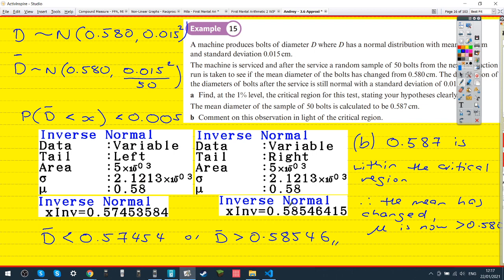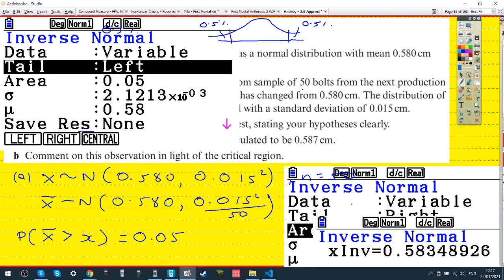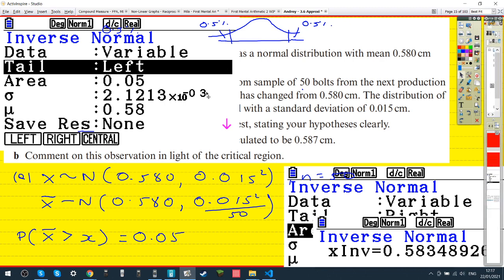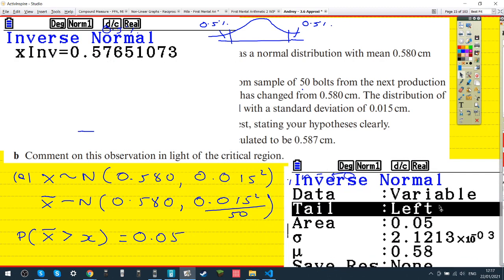If you did zero lower as 0.585 and upper as 999, you would get roughly 0.5%. Okay. And what is part B?